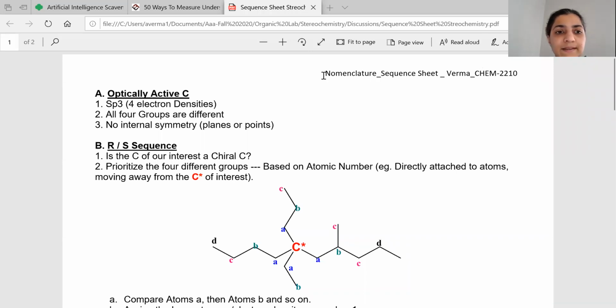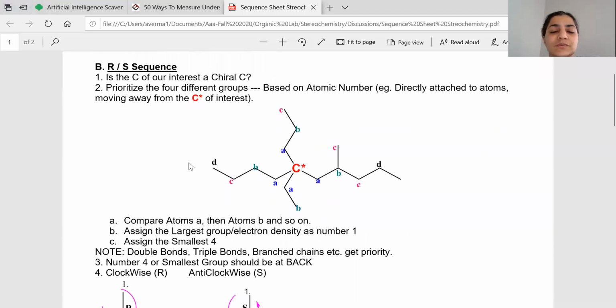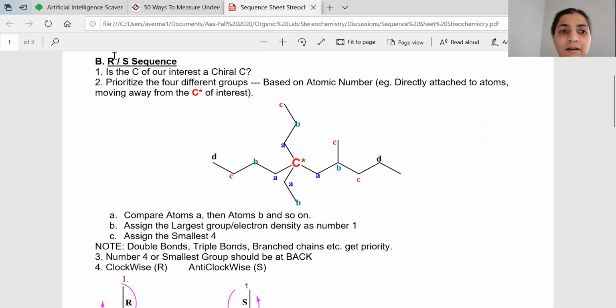The next thing that we need to learn is, at the chiral carbon, what is the configuration? Is it R or is it S? R and S always exist in pairs, but we need to know how we define our chiral carbon as the R enantiomer or the S enantiomer.